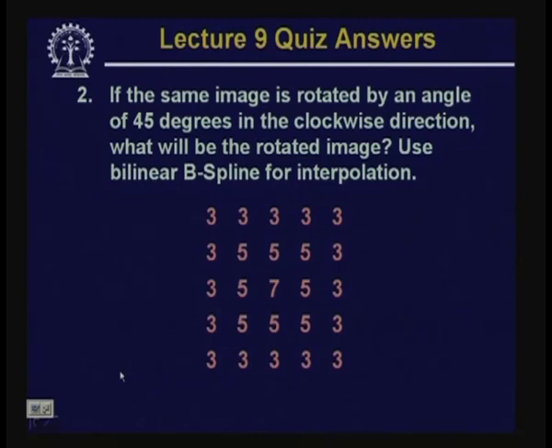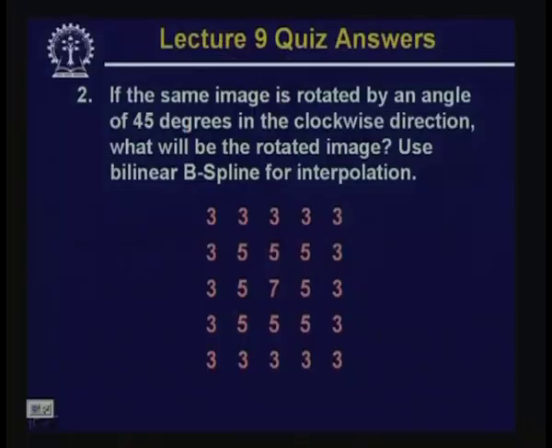The second one is also of same type. Here the image is to be rotated by 45 degree, and after rotating the image by 45 degree, you will find that there are some locations where there is no intensity value. For those locations you have to go for inverse geometric transformation, and find to which particular point in the original image this point lies, and interpolate the value at that point using bilinear interpolation as given in this problem, following what we have discussed.